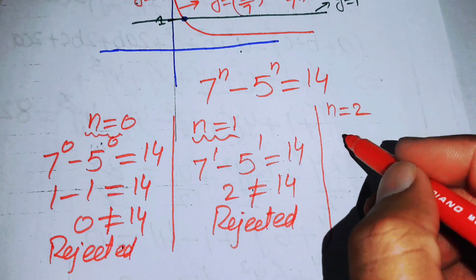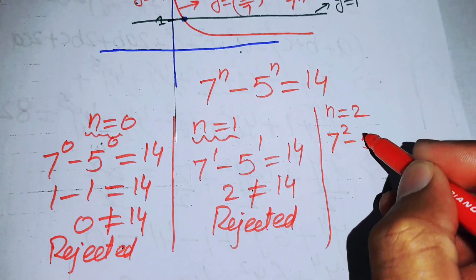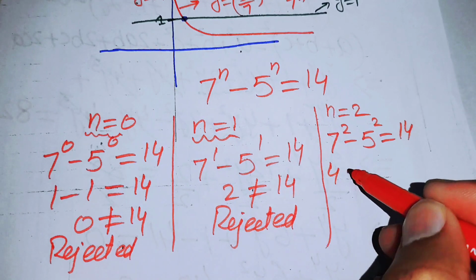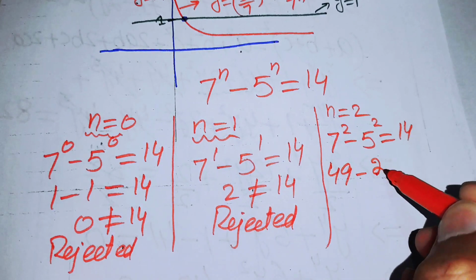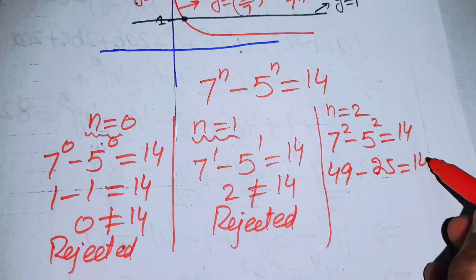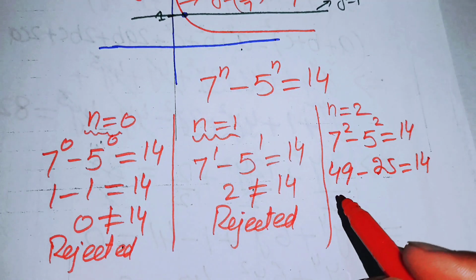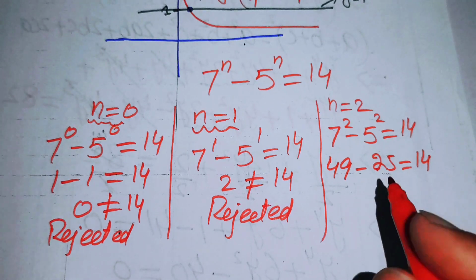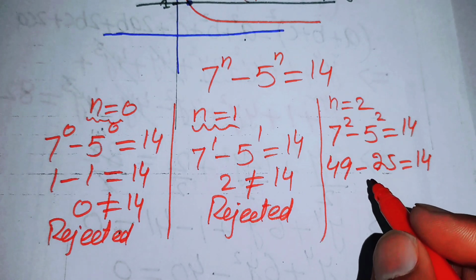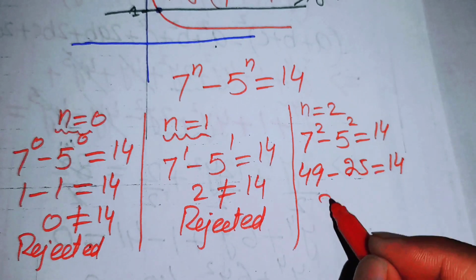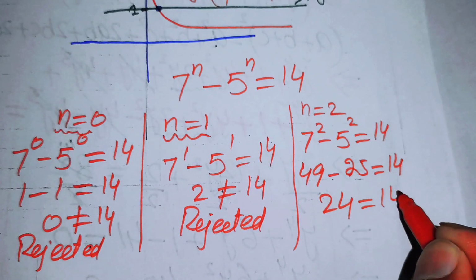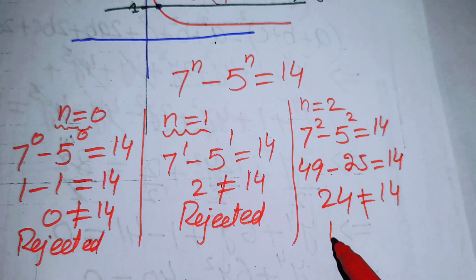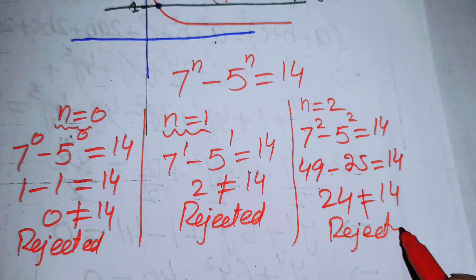When you put n is equal to 2, you get 7 squared minus 5 squared is equal to 14, and 7 squared is 49 minus 5 squared is 25. Here you see that 49 minus 25 is 24, and this is not equal to 14. So it is again not satisfied, so it is rejected.